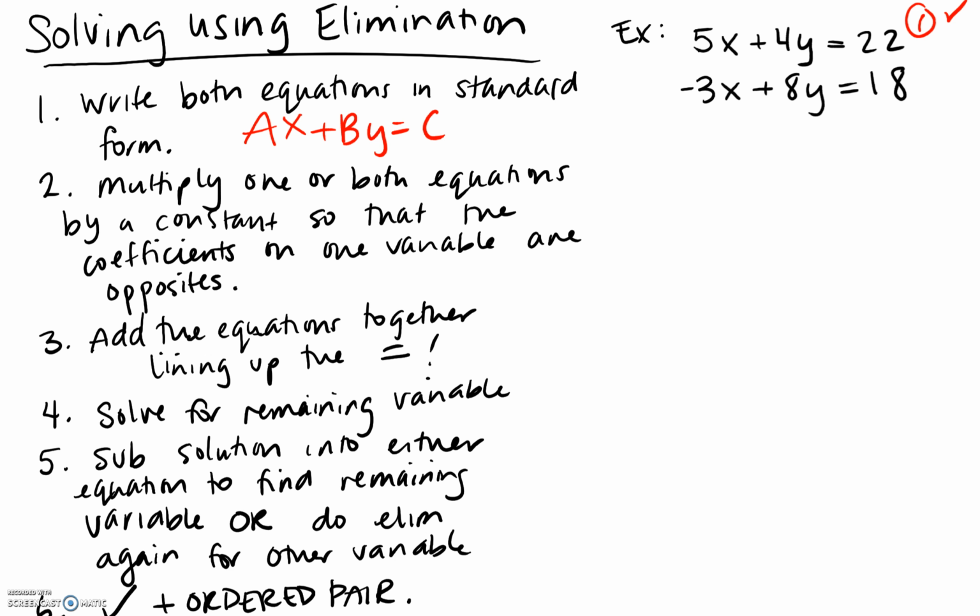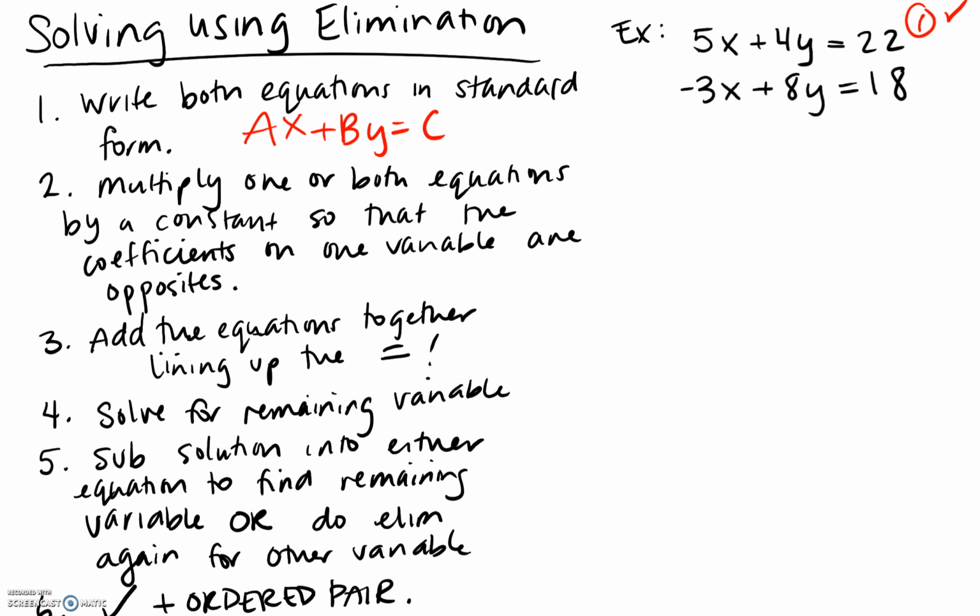And the same thing if I divide by 5, that's not going to work. And same thing here, 8 doesn't go into 18 or 3. 3 doesn't go into either. So solving for a variable to do substitution here would mean that we're going to end up with a mess of fractions. So this is a place where elimination is going to be incredibly efficient compared to substitution. So we need to really master both to make things easy on ourselves.